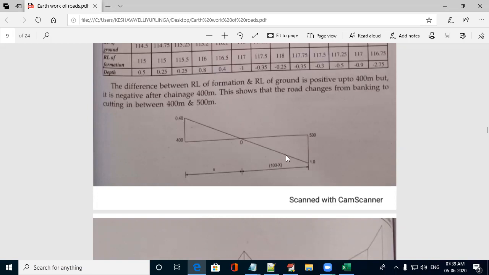If there is a cross, and at some point there is a 0th depth, that distance is X. This X you need to find out. How to find it out? From 400 to 500, the total distance is 100. If you consider 400 to the zero point as X, the remaining distance will be 100 minus X. Using the similar triangle concept, you can find that X distance.